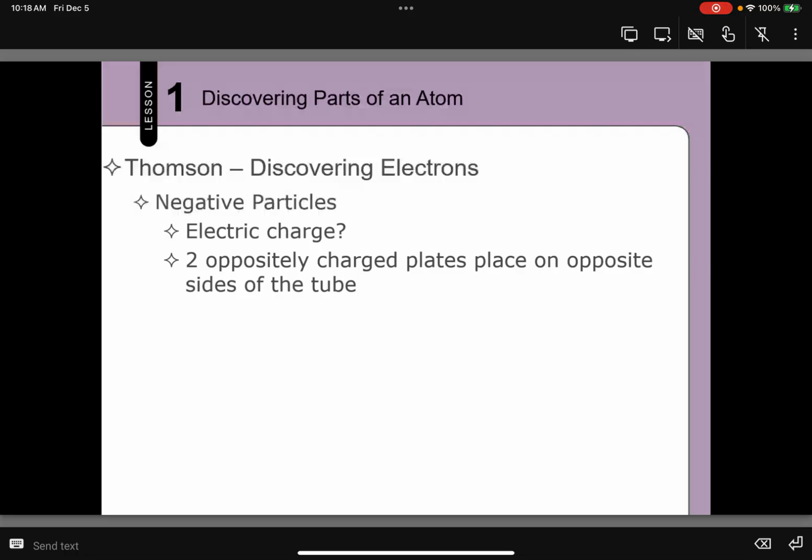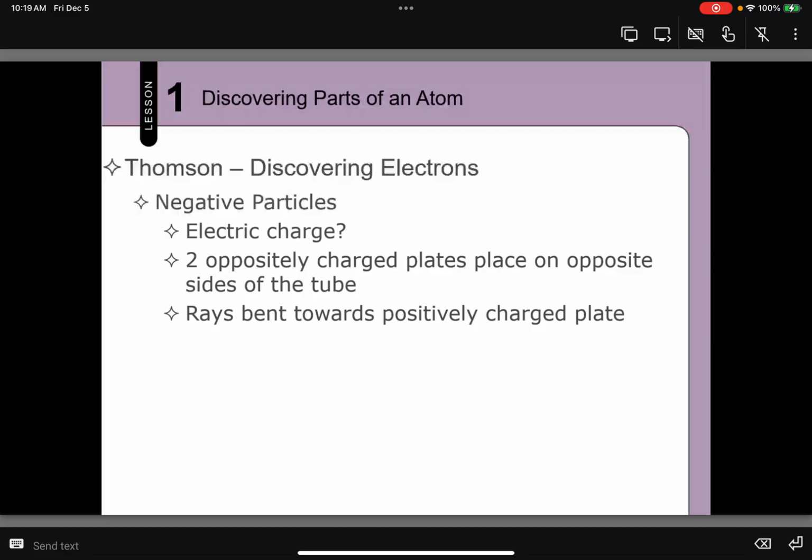And when he turned it on, so that it did have those charges, he found that the ray was bending one way, which was towards which plate? The positive one. Okay. What do we know about charges of things?